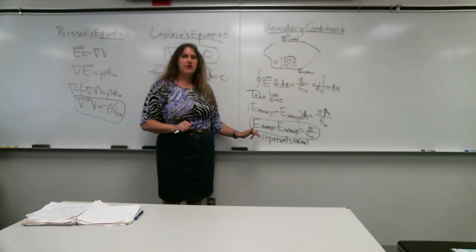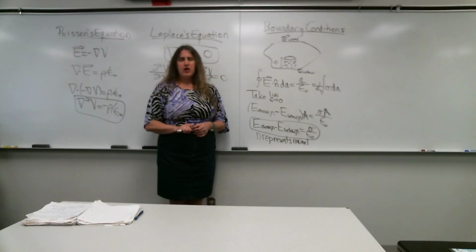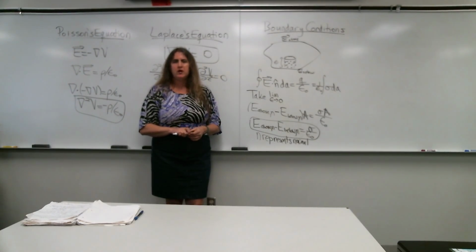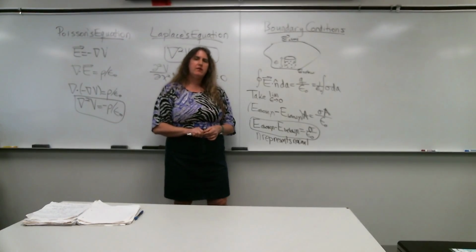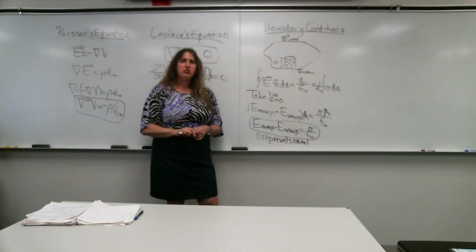I'm going to apply this boundary condition to some of the problems that we've worked through. We looked at the conducting shell that bore charge sigma, and we also looked at the electric field due to a uniformly charged sphere.